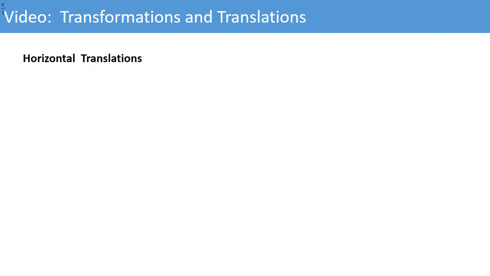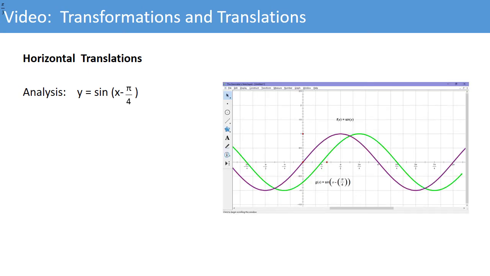Horizontal translations. The analysis: y equals sine bracket x minus pi over 4 bracket. The d has to always be in a bracket with the x value, a single x value. More about that later. The graph is shown here in green.